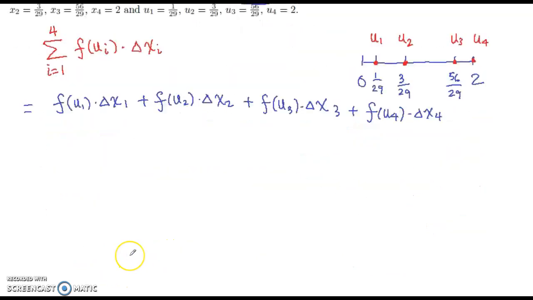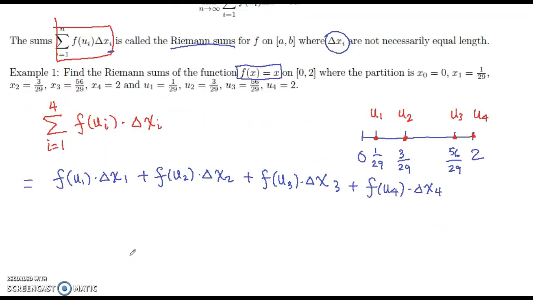Then you just plug in the values. For f of u sub 1, you plug in u sub 1, which is 1 over 29, times what is delta x1? How long is this interval?